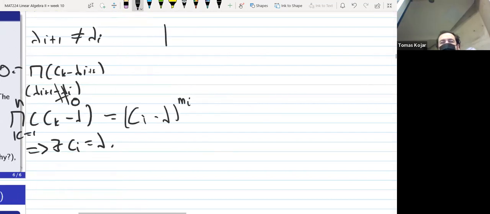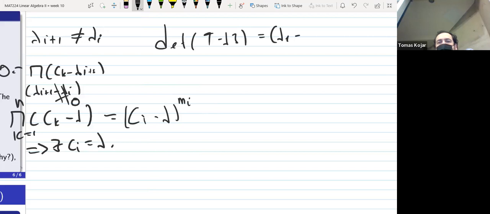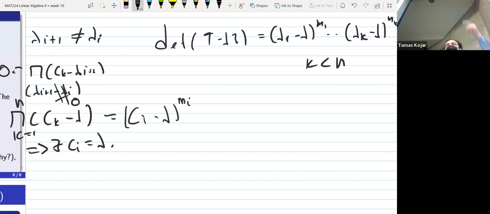You can write the determinant of T minus lambda in terms of the multiplicities: lambda_1 to the m_1 up to lambda_k to the m_k, where k is strictly less than n. Then you just compare the two sides. This side will be a product of the c_k minus lambda, from 1 to n.